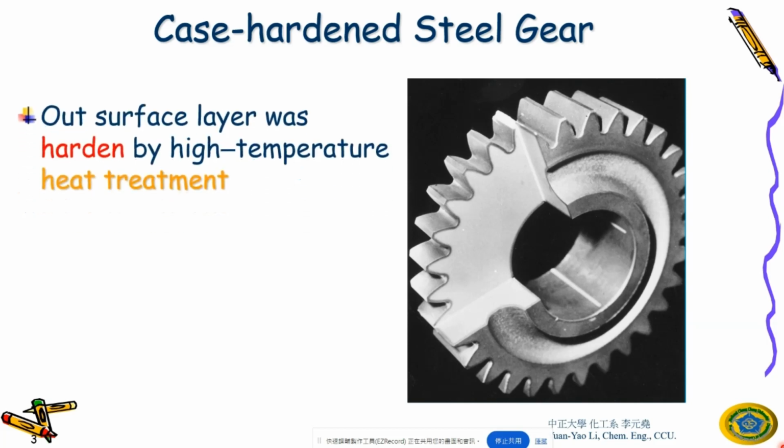Our surface layer is hardened by a high temperature heat treatment. So how can carbon go into this gill? Because we use high temperature. We use carbon in the gas phase, and carbon diffuses into this gill.